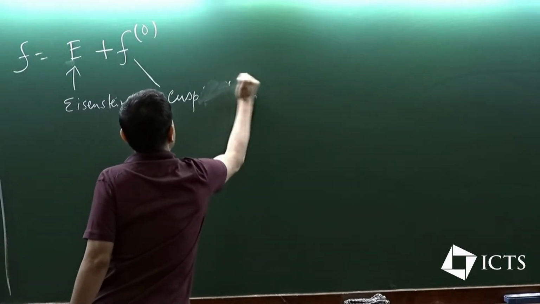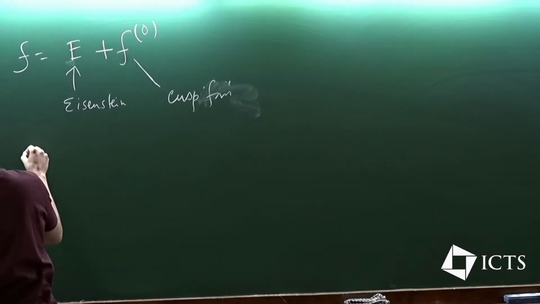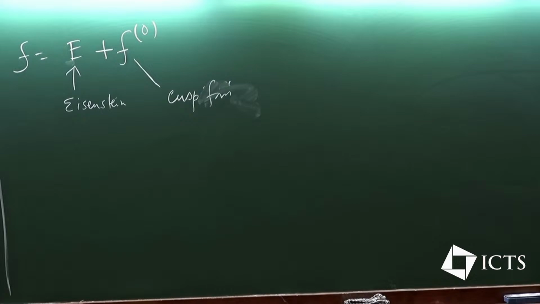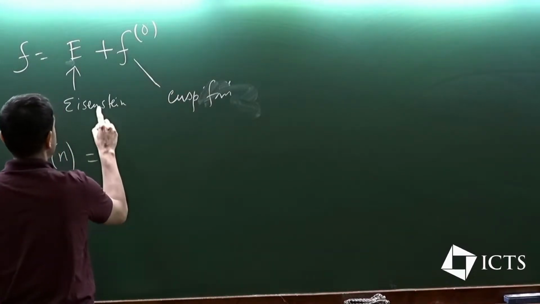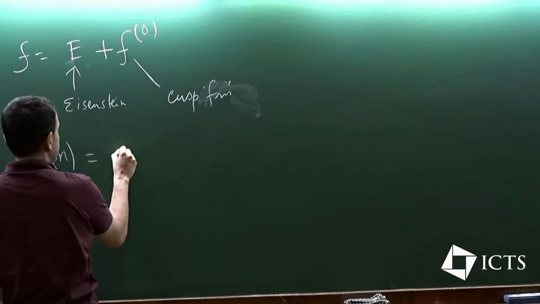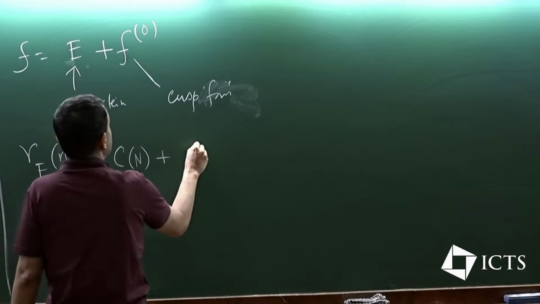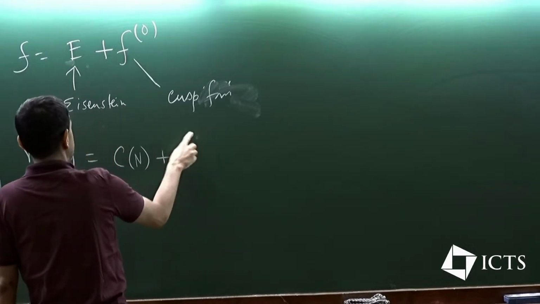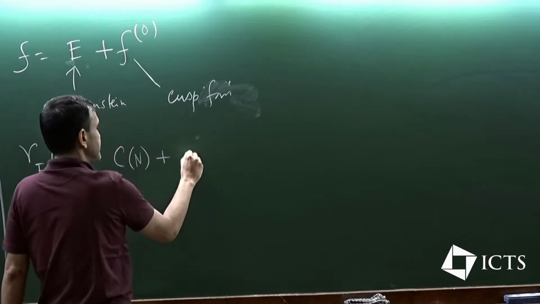And then what happens is, let's call it r_f(n). So r_f(n) will be some coefficient of the Eisenstein series, let's say some Cn, plus the coefficient of the cusp form, and then by the Linnik bound we have good bounds.